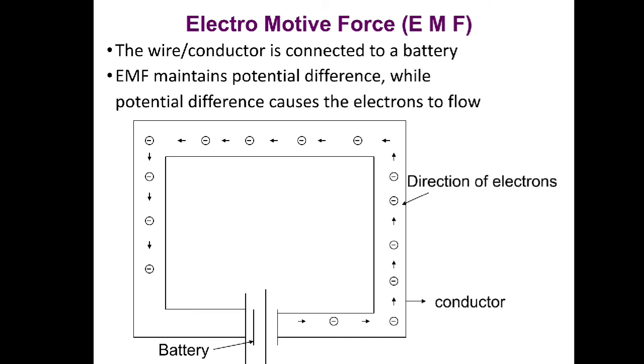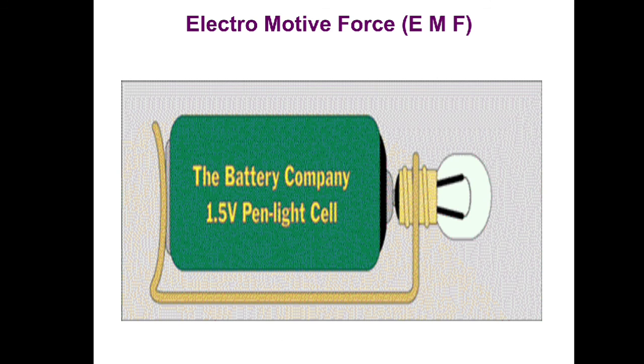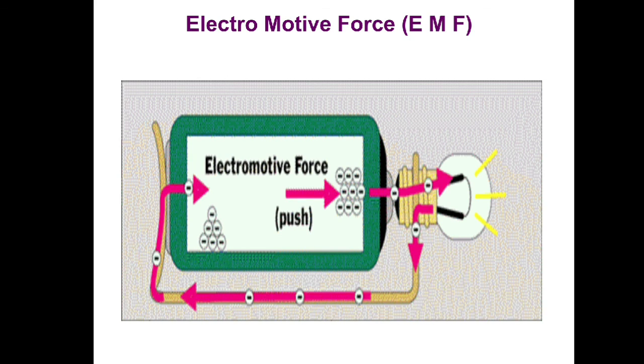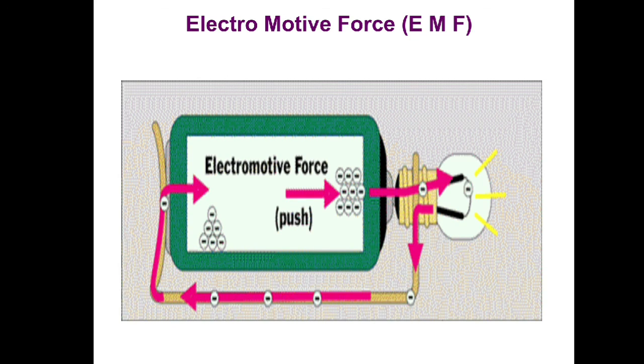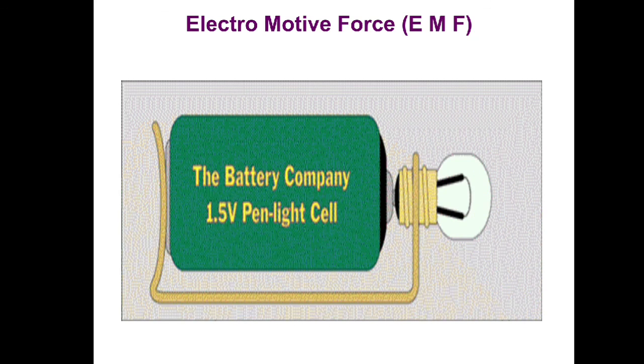On the right hand side, negative means more electrons and fewer protons. Therefore the electrons flow from right to the left. But actual current will flow from the positive terminal to the negative terminal.